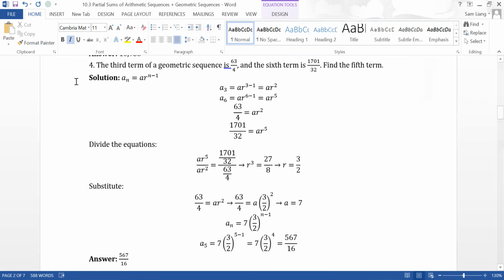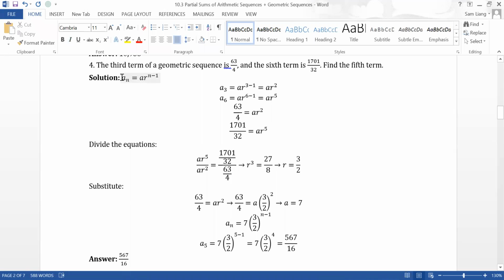Would anyone like to explain question 4? This is the final answer, 567 over 16. Okay. All right, if not, then I'll go ahead and explain it.